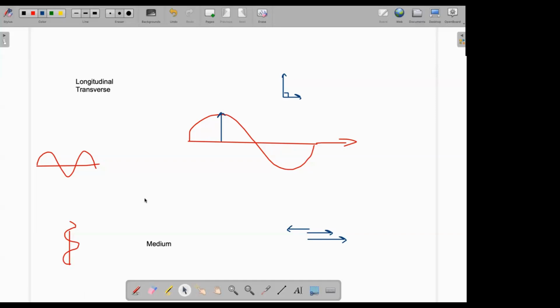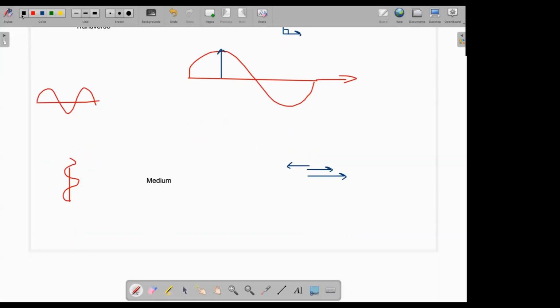It is a special build of the electromagnetic wave, made up of electric field and magnetic field, and that is the reason it does not require a medium. But all the other waves, sound, ocean wave, string wave, require a medium. So the medium plays a very important role for a wave, because the medium can decide how fast a wave can travel.